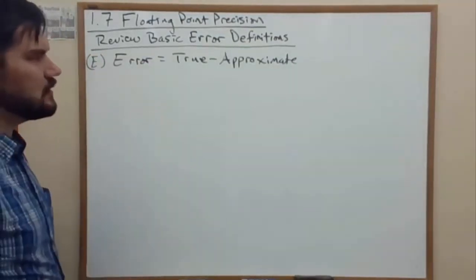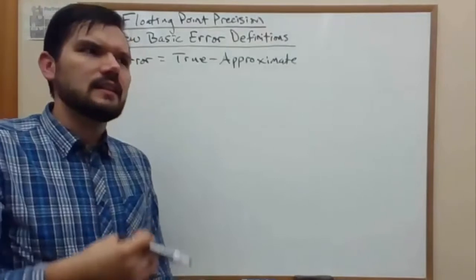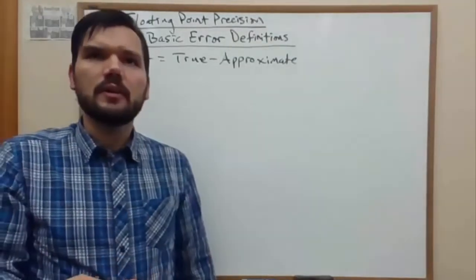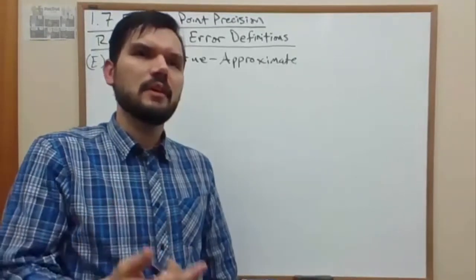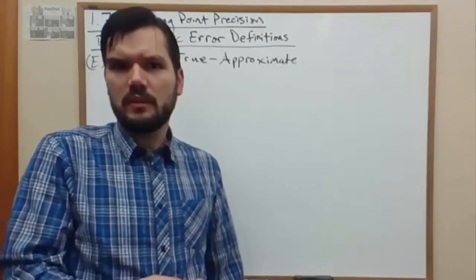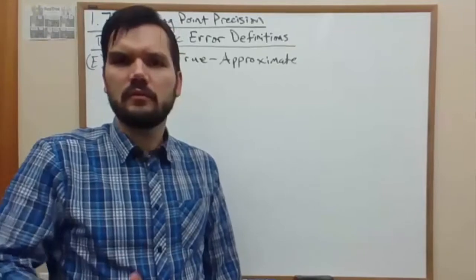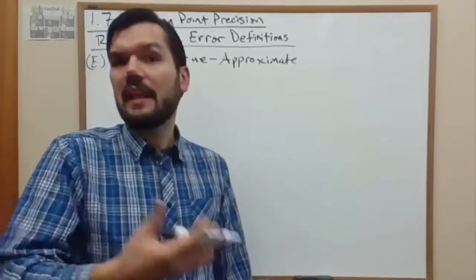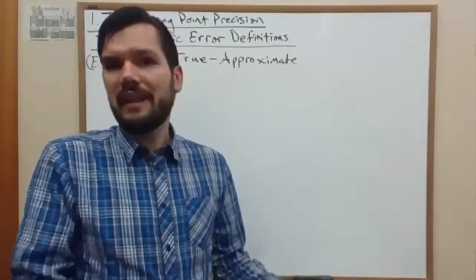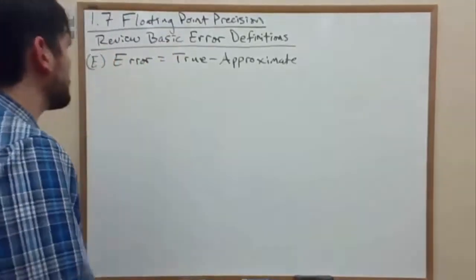And the error, or sometimes called the true error, is most helpful when you have two quantities or two sets of data that are measured using the same units. So for example, you did two runs on an experiment that uses the same units. You can compare the errors. That makes sense.